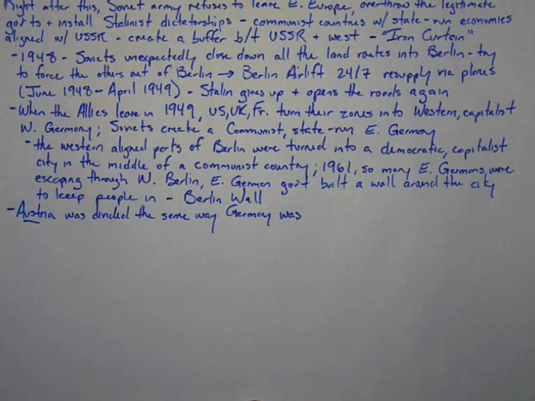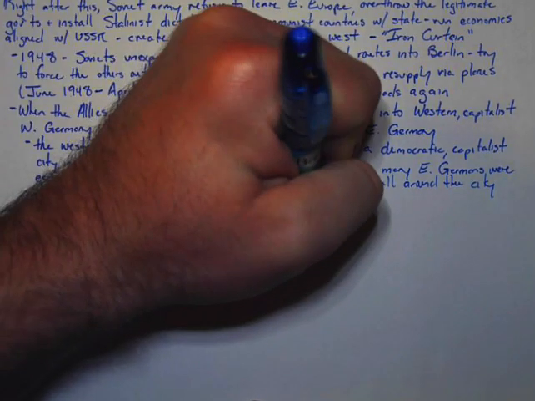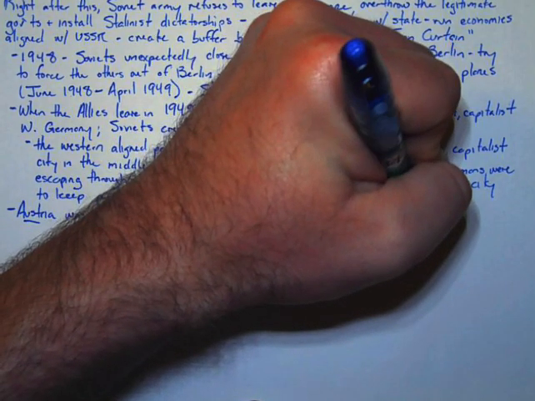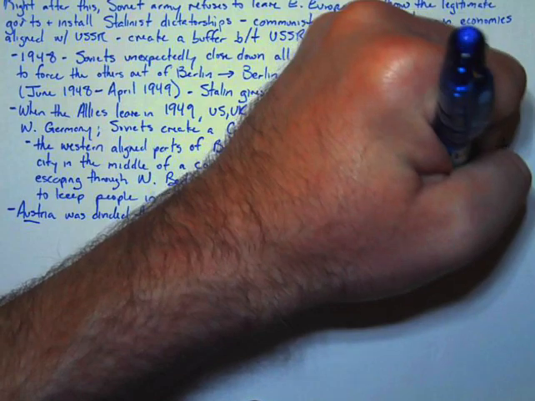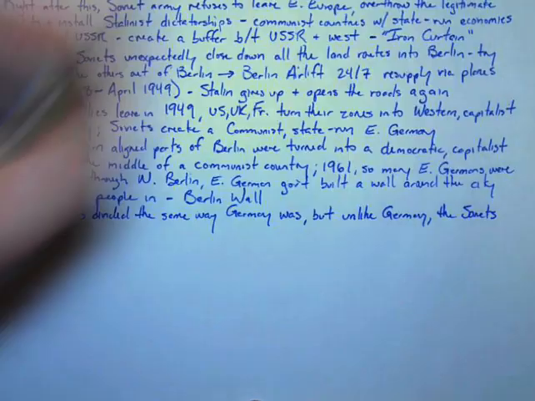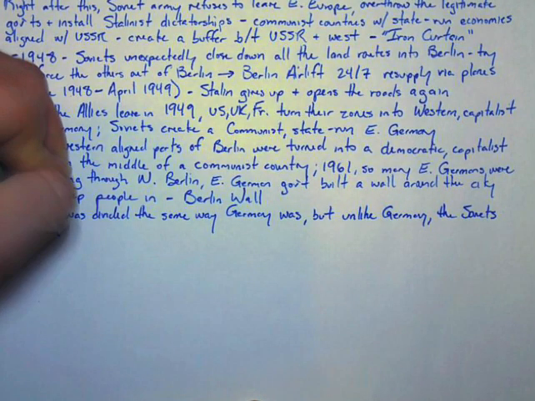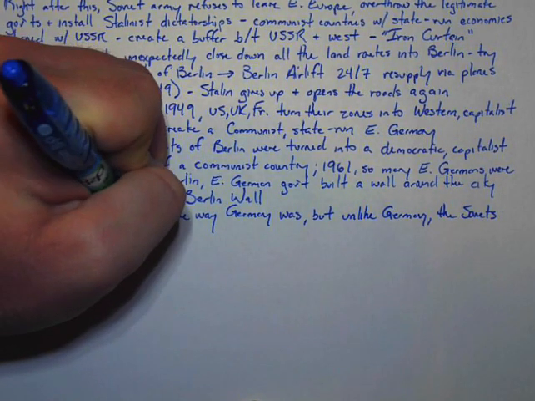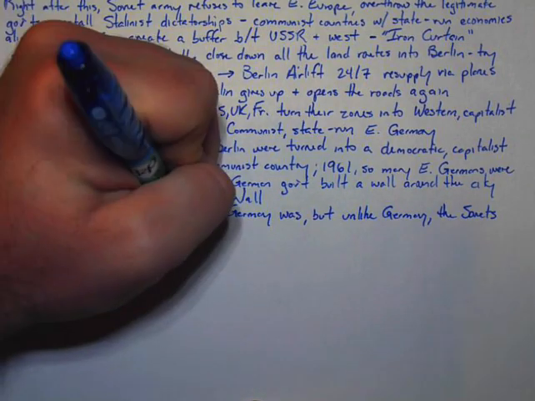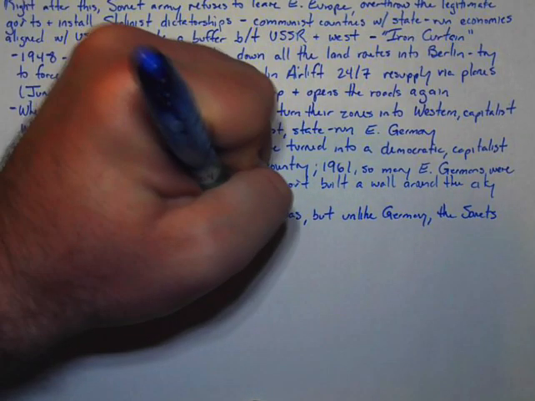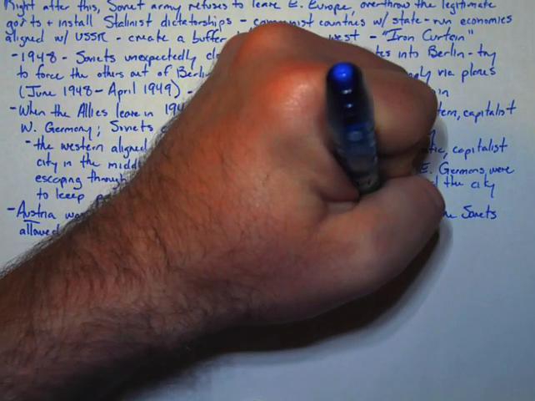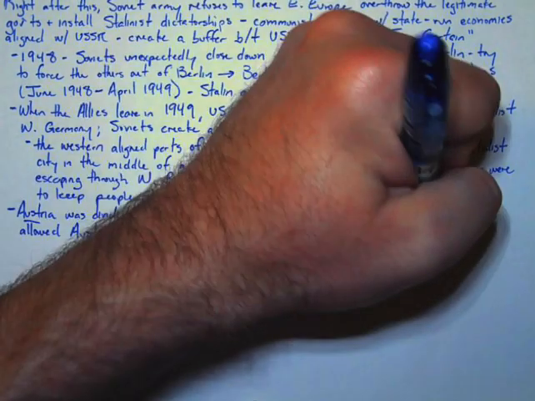But unlike Germany, the Soviets allowed Austria to remain intact as long as they stayed neutral in international affairs.